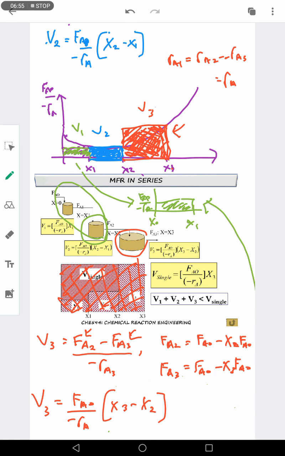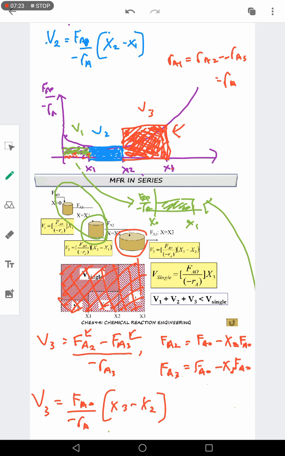So you have to bear in mind that low volume is economical compared to high volume. So that's why kalau untuk MFR in series, you really need to calculate the area of square based on its square.